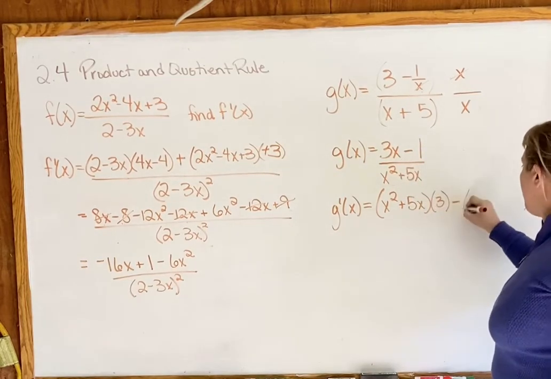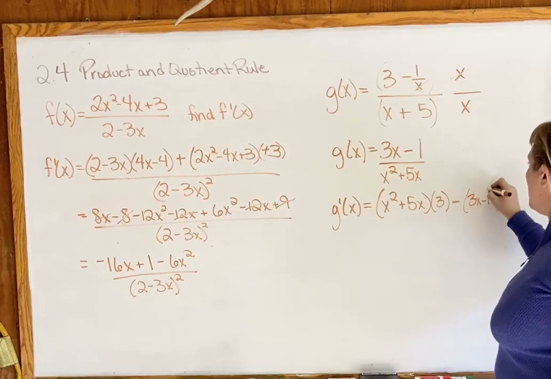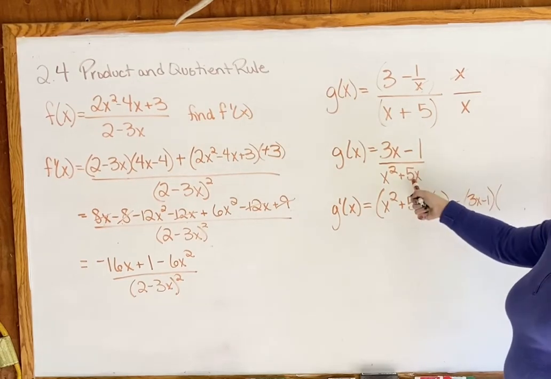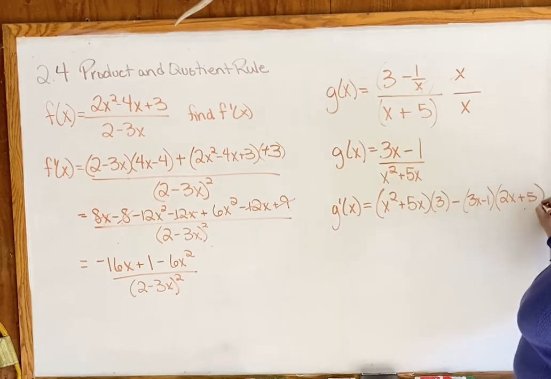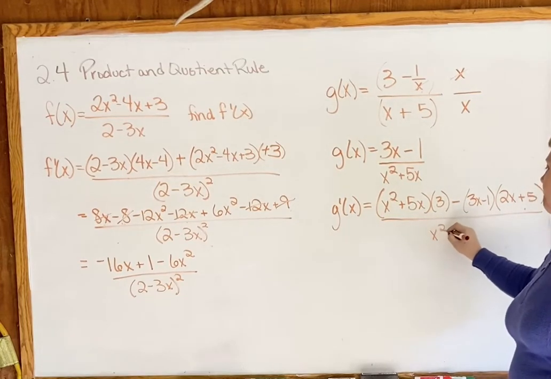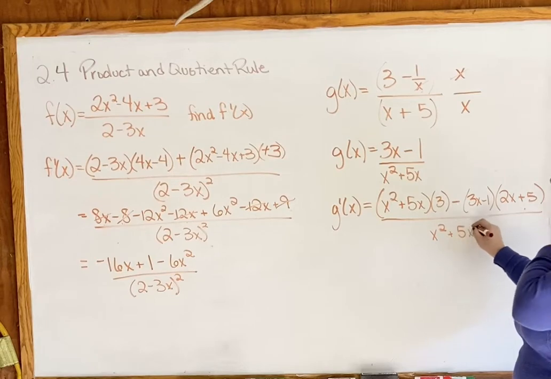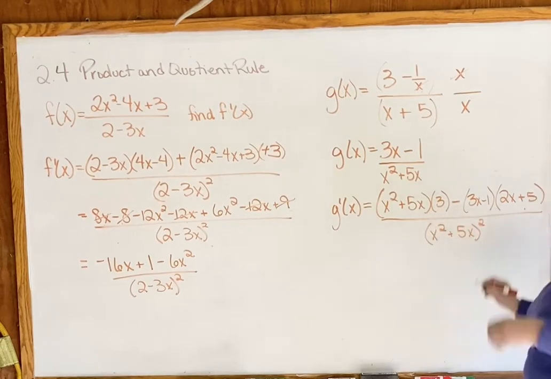High, 3x minus 1, d low. Bring the 2 down, so 2x, and then plus 5 on the end there. And then the bottom guy, all squared. And remember, don't worry about foiling out that bottom guy ever, just leave it.